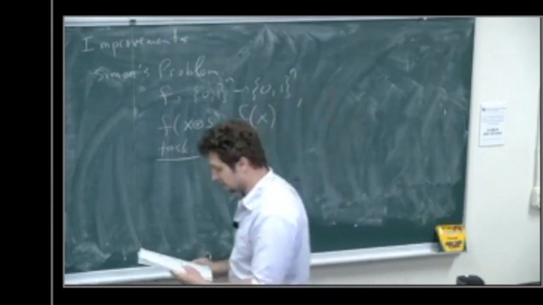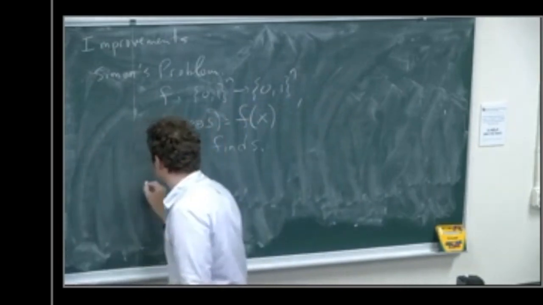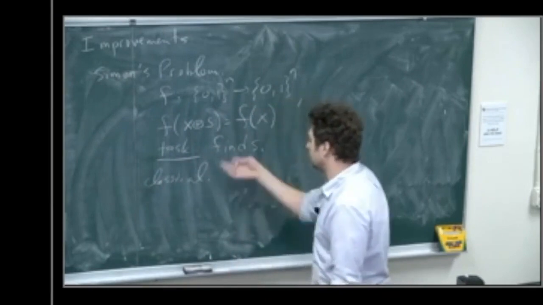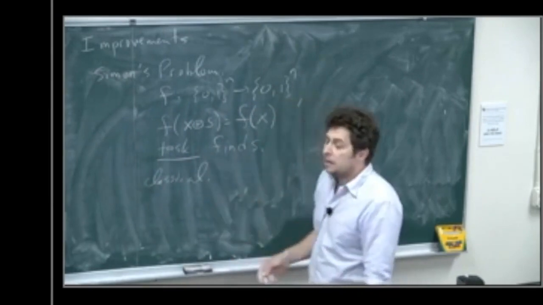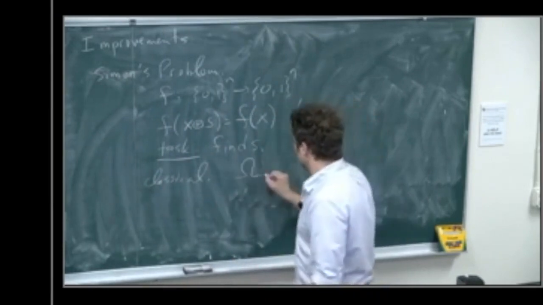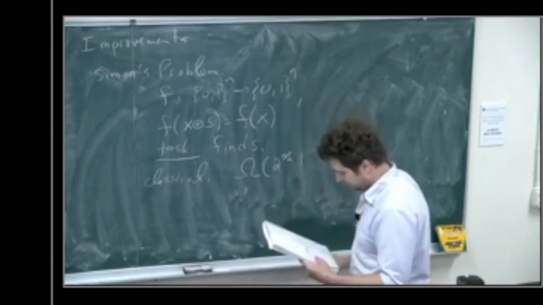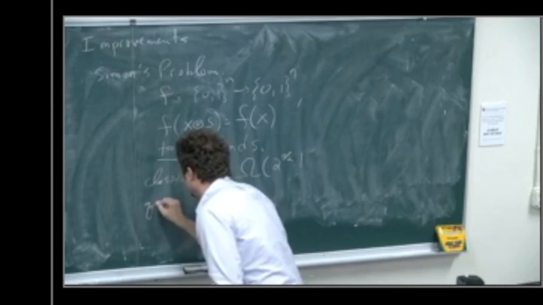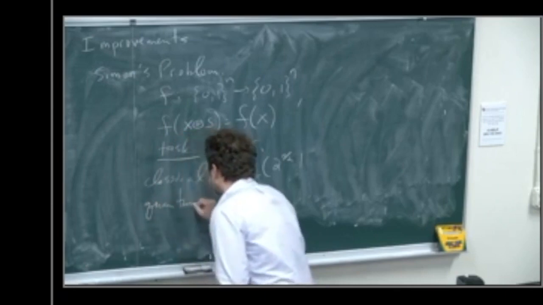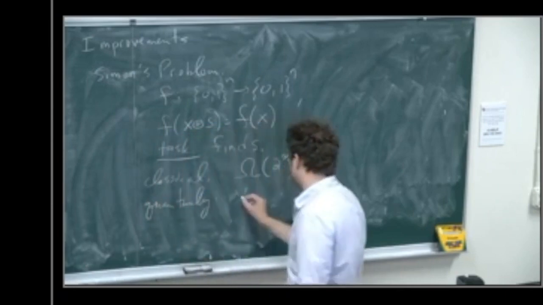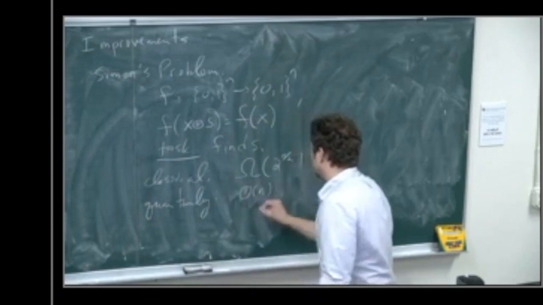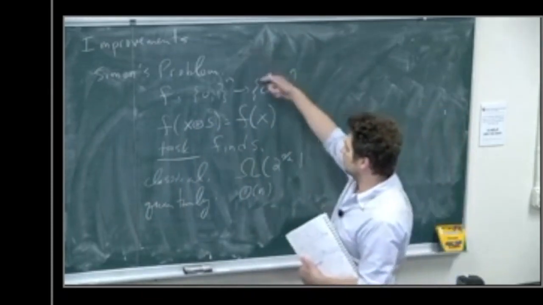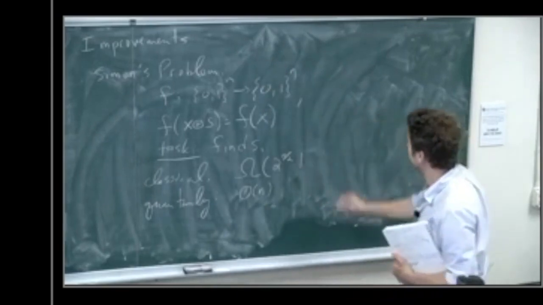In that case, we actually get a classical lower bound to the number of queries we need, even for probabilistic algorithms, of 2 to the n over 2. And we can solve the problem quantumly with order n queries. Okay, so it's a genuine separation between what the quantum and classical computer can do.